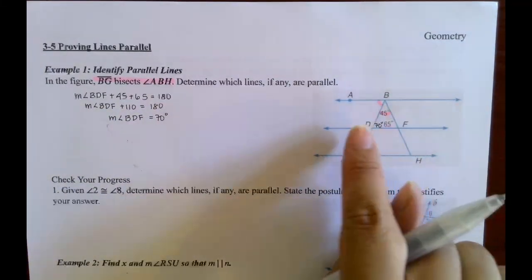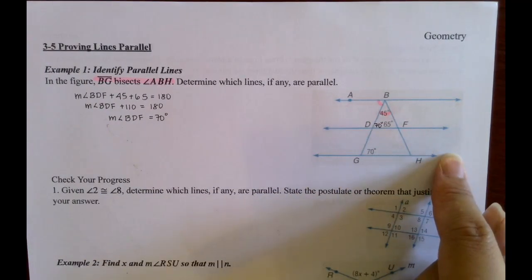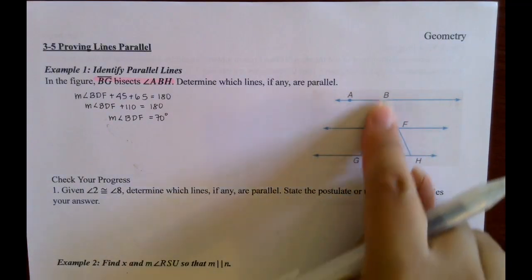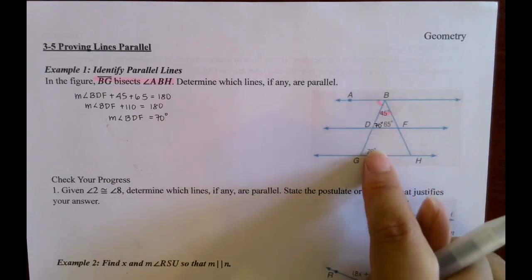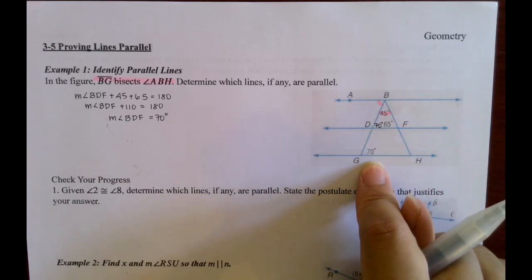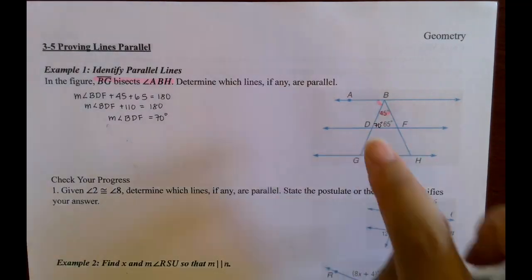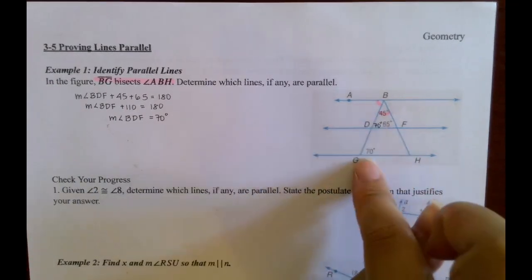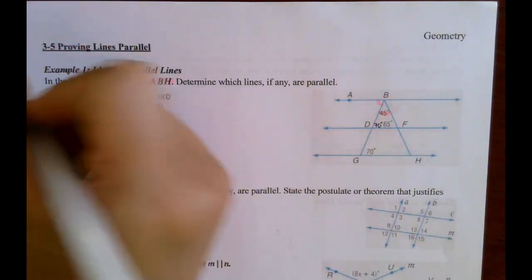And then here, what you notice is that this and this are two sets of lines intersected by a transversal. These are corresponding angles, and they are congruent. Okay? And so, because of the converse of the corresponding angles postulate, right, if corresponding angles are congruent, those lines are parallel.